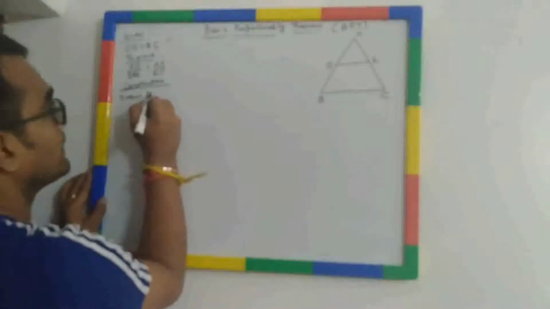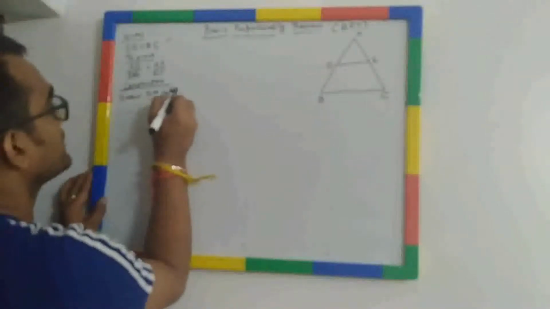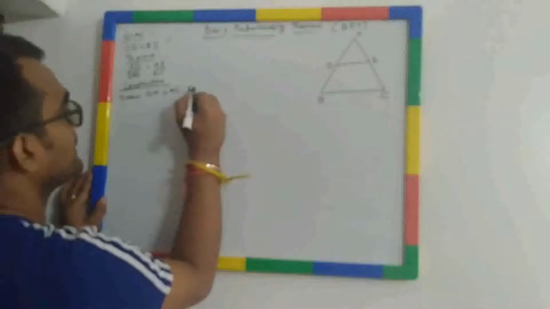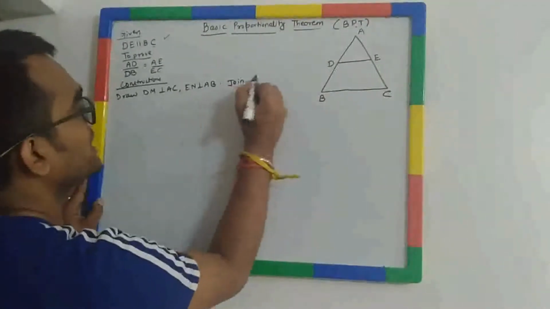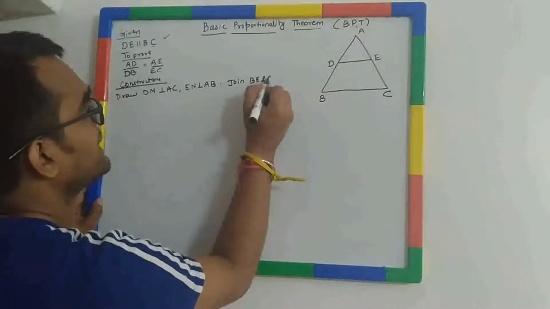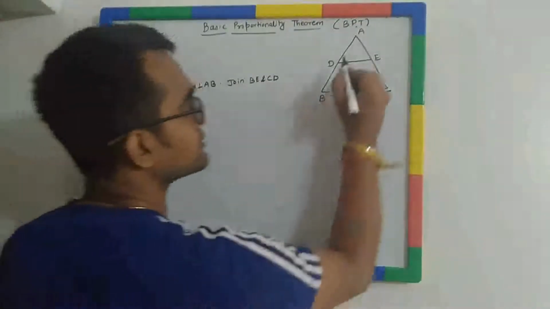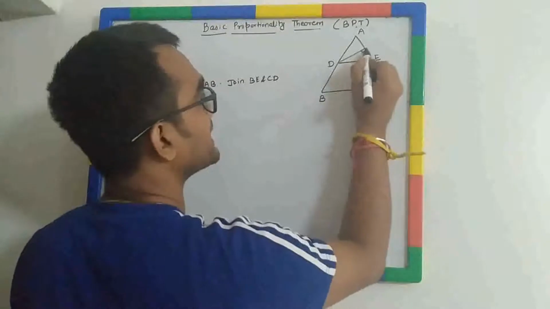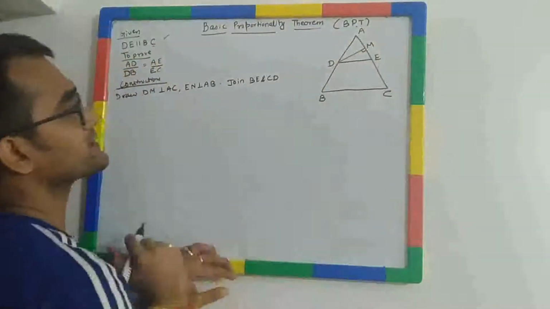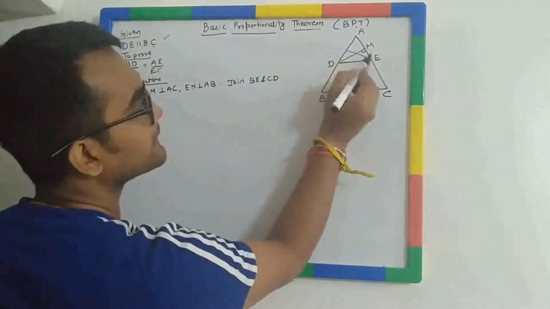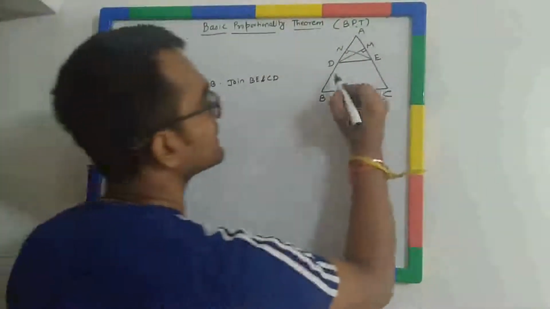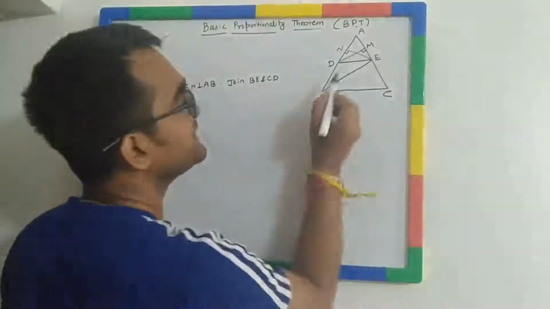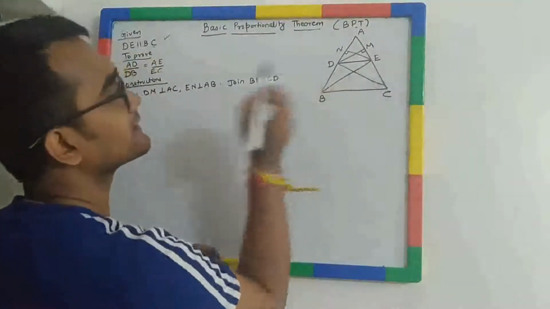Draw DM perpendicular to AC, EN perpendicular to AB, join BE and CD. So I will draw DM which is perpendicular to AC, EN which is perpendicular to AB, and I will join BE and CD.